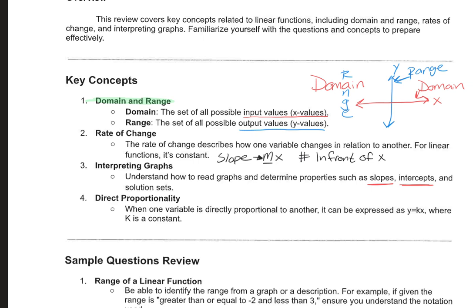And then solution sets are going to be part of the solution. So let's do some examples here. So y equals mx plus b. On that equation, the slope is going to be my m. Okay, this plus b is going to be my y intercept.